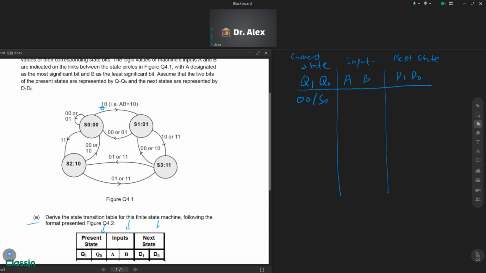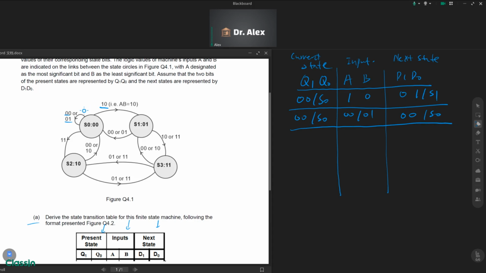When the input is 10, it will choose the next state, which is 01, which is state 1, okay? All right. And we can see if the input is 00 or 01, it will return to itself, okay? So the current is still state 0, and when the input is 00 or 01, it will choose itself, okay? 00, which is state 0. All right.